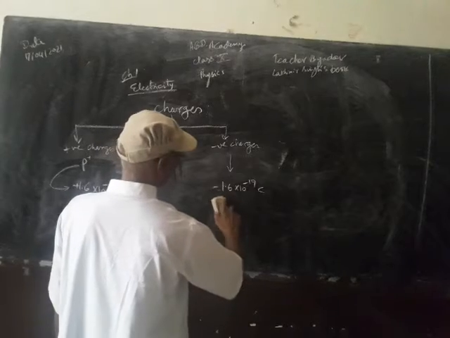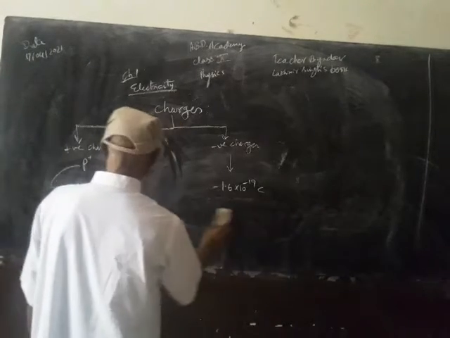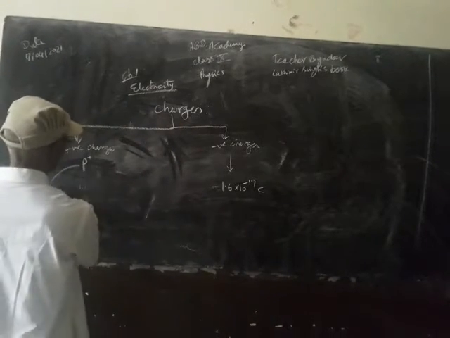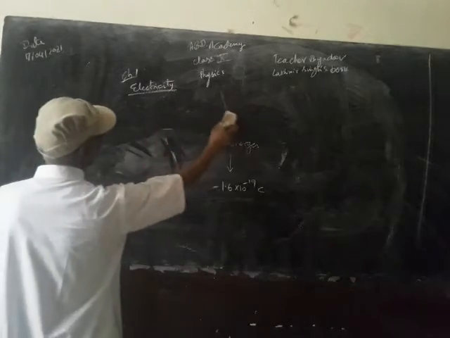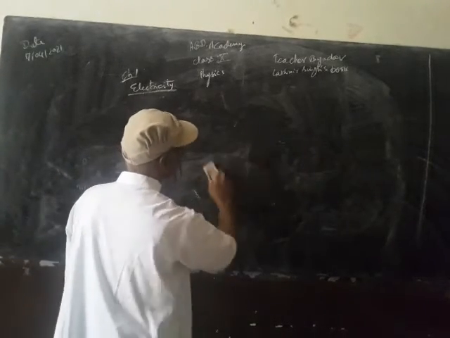So I told you the amount of charge on one electron or one proton. So let us calculate. This question comes often. How many electrons collectively hold one coulomb?